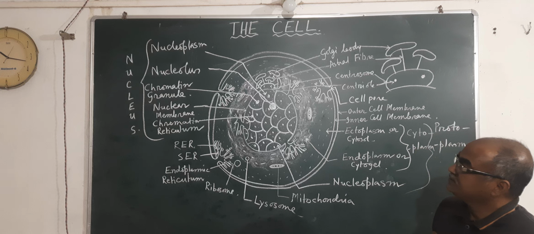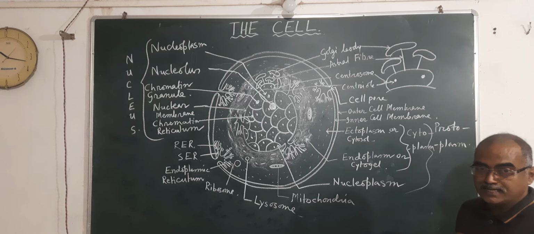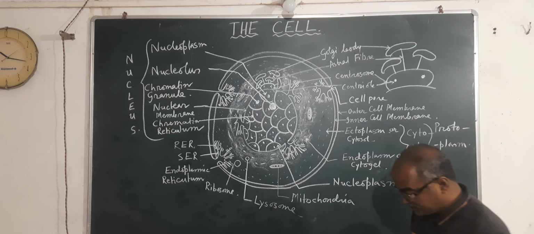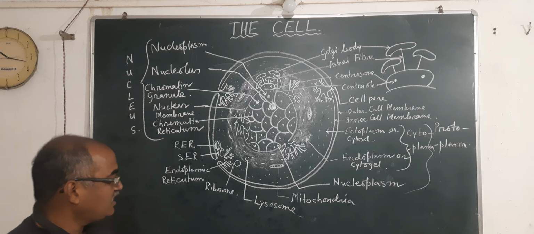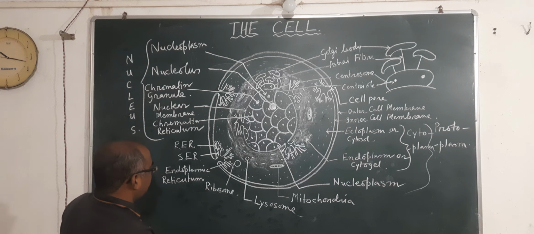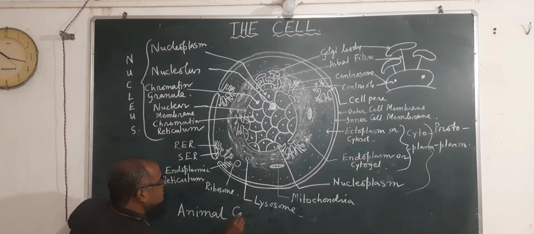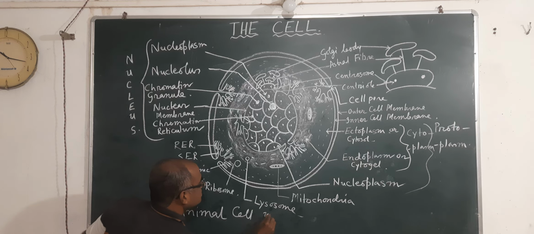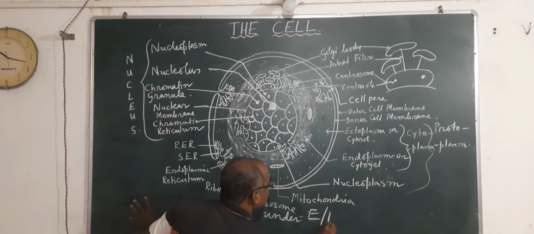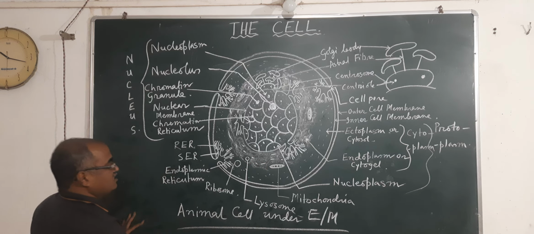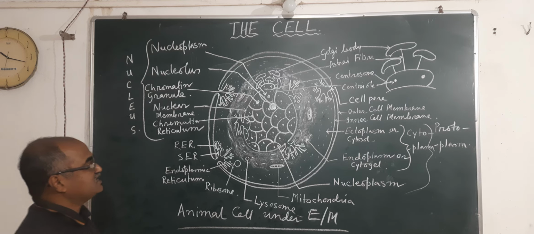Now you see the detailed diagram of a cell, as I have drawn myself, and it is the diagram of an animal cell under the electron microscope, although it is a diagrammatic representation.